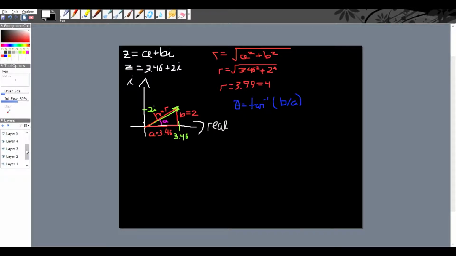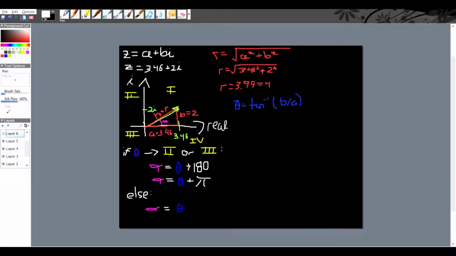But before calculating this, there is an important thing to point out with these angles. Remember, we have the quadrants, right? So if we have our angle calculated with this formula over here on quadrants 2 or 3, to get the alpha angle, the angle with respect to the positive x-axis, we have to add either 180 or pi, depending on what units we're working with.